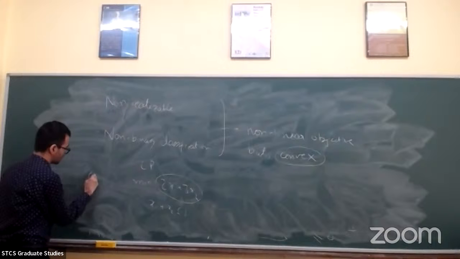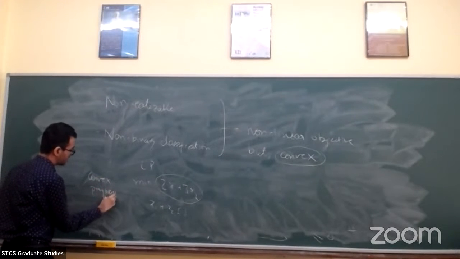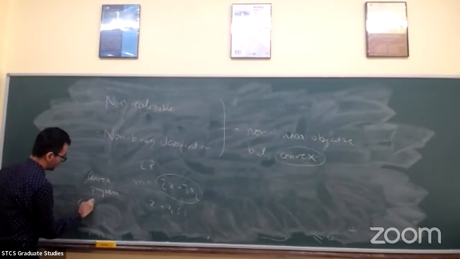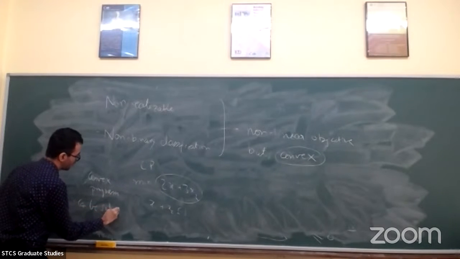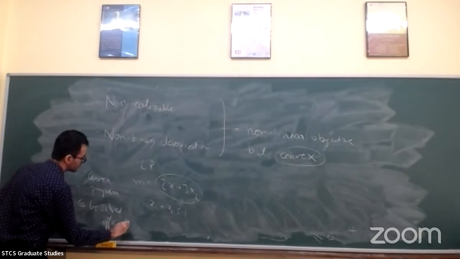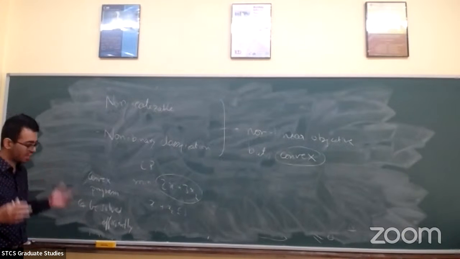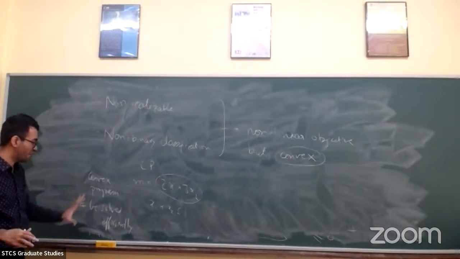A convex program can be solved efficiently. Later in the course, we will also talk about one algorithm for this. But for now, it's okay to just live with the fact that we can solve convex programs efficiently.